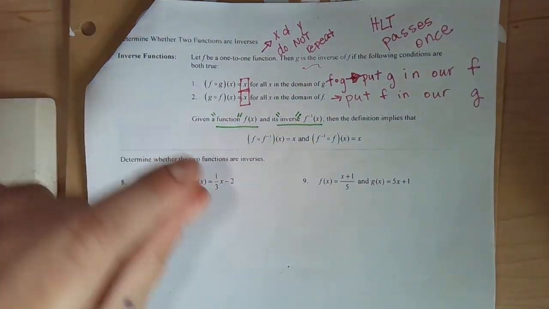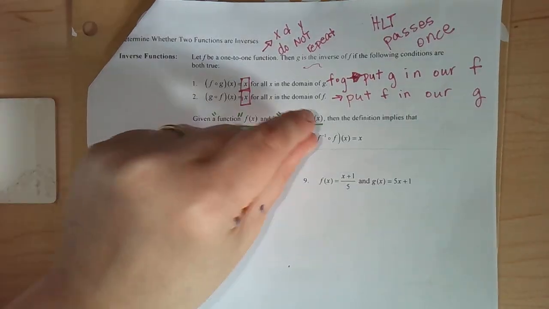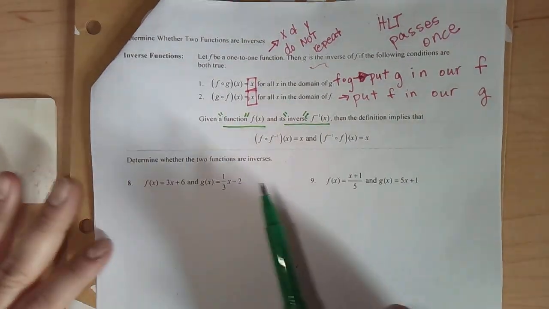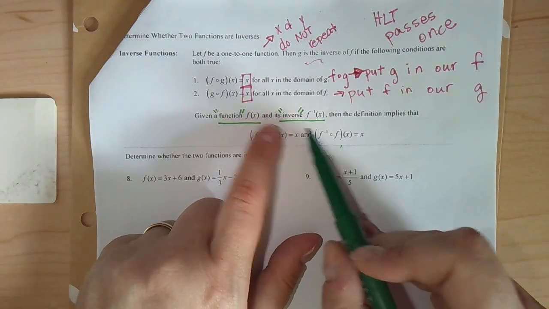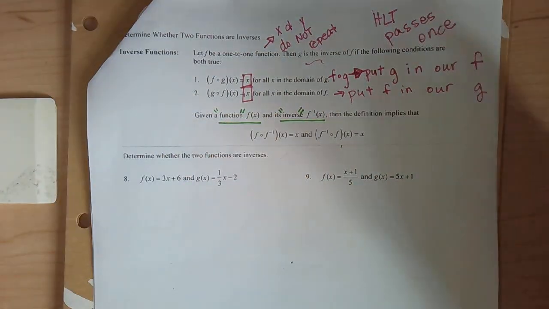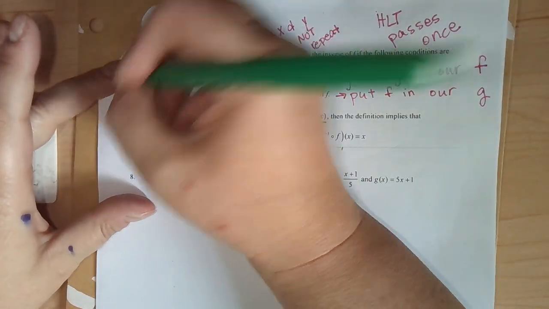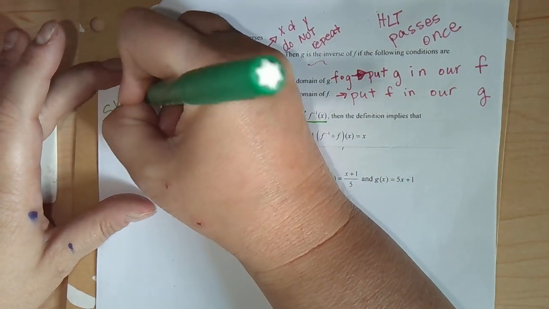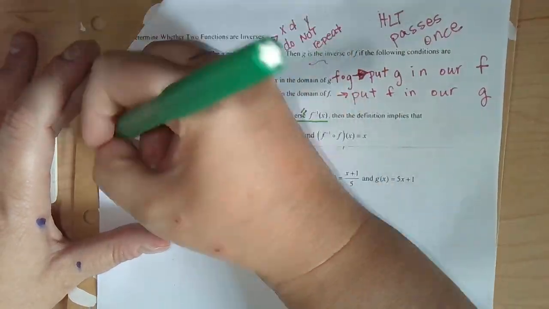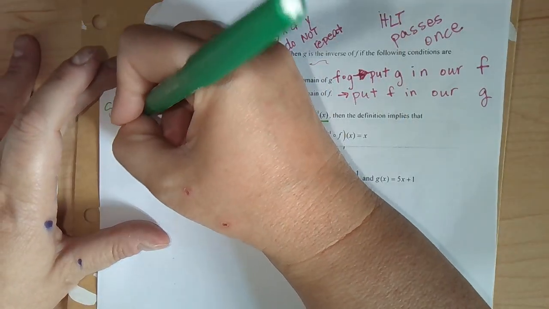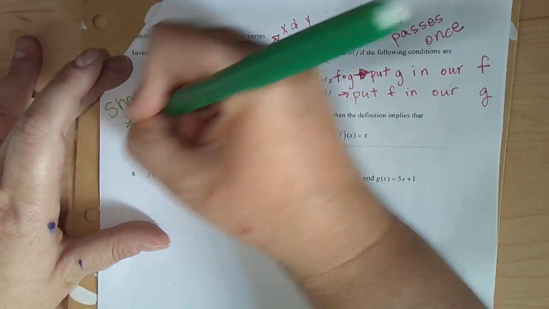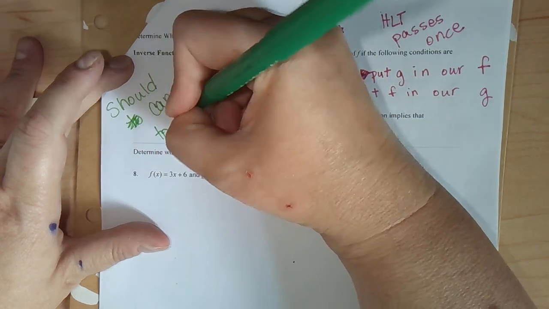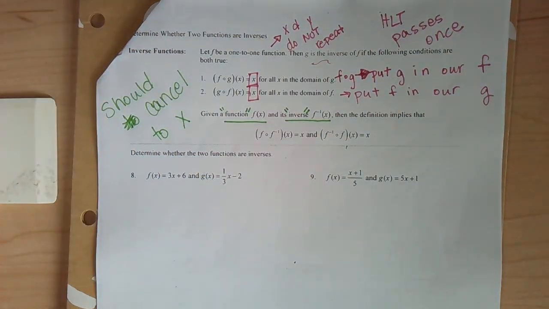So function is the normal f, inverse is the funky f with the negative 1 inside. If you do that composition and you plug one inside the other, everything should cancel to x. So the whole point of the next couple of problems should be to cancel to x.